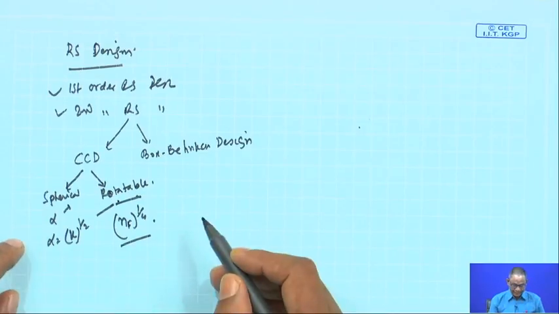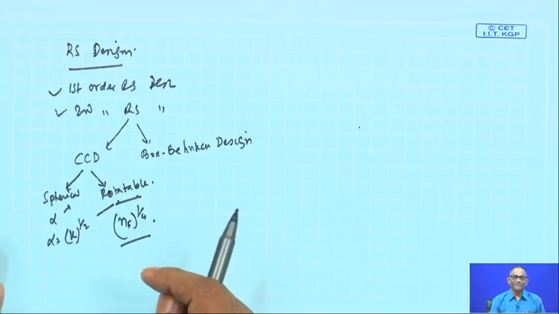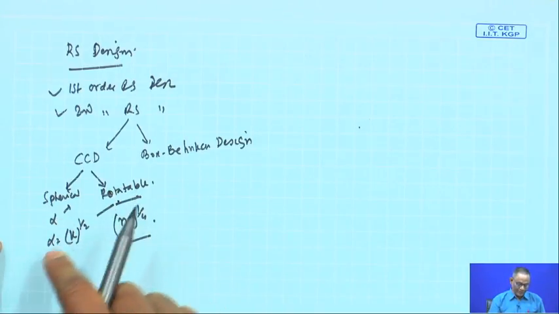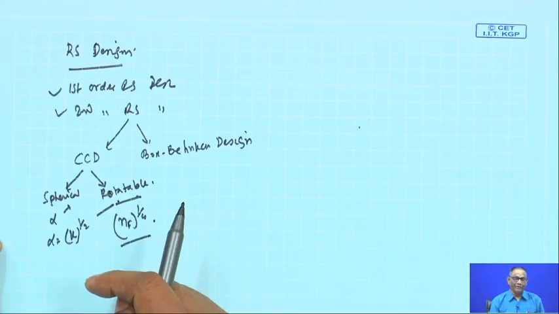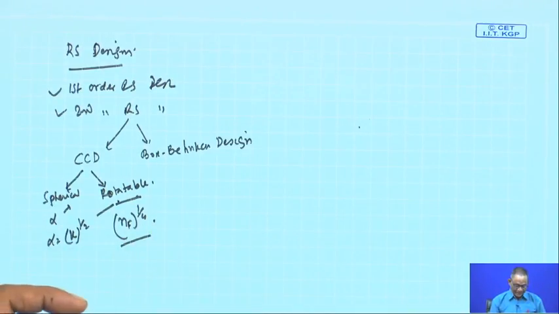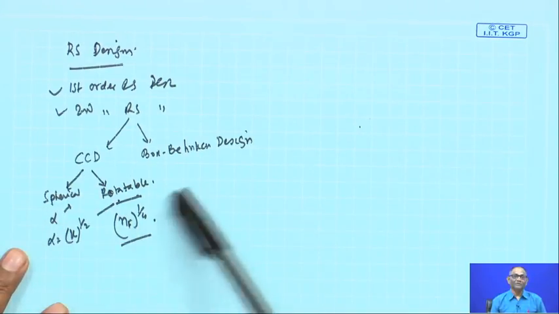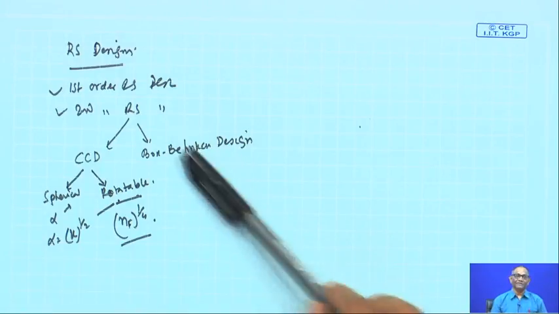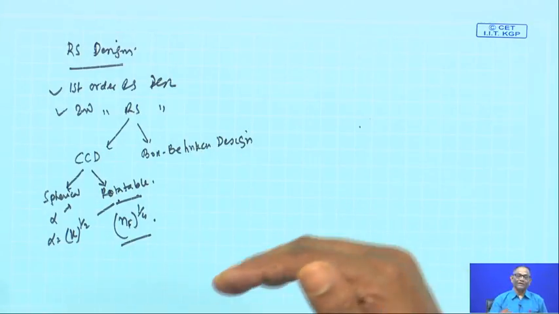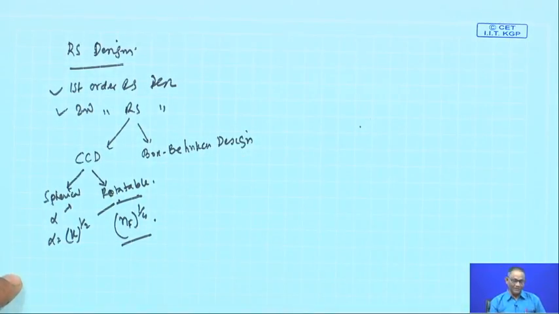I also showed you that there is not much difference between spherical and rotatable, and they are more or less equivalent, in the sense that a spherical one also has minimum, equal variance at an equal distance from the center of the surface. Anyhow, those things are known to you.